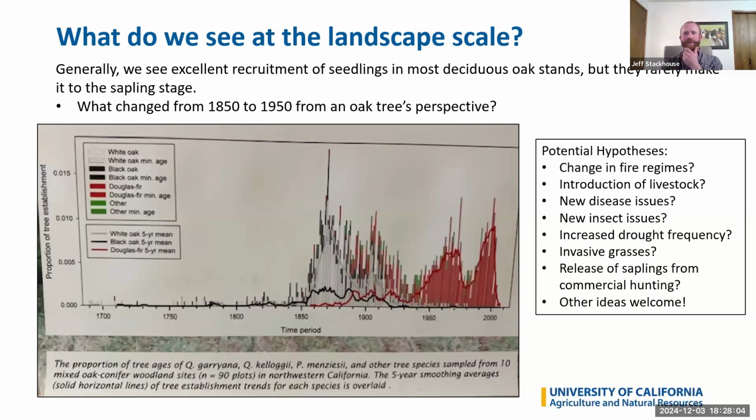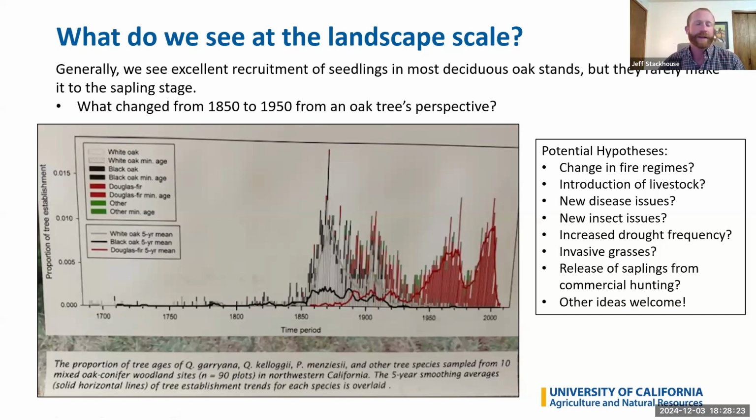Yana just got done showing this graph and talked briefly about some of the ideas that we've kicked around over the years, and one of my hypotheses is the commercial hunting piece, but I'm not sure that's true.